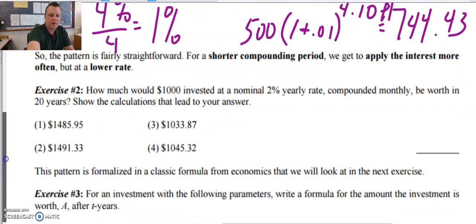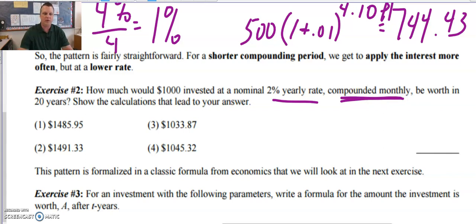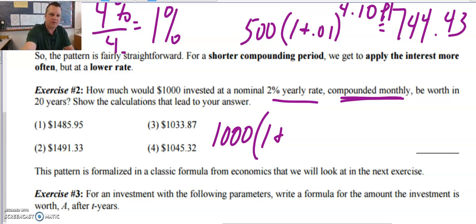You can see that formula yet? $1,000 investment in a nominal 2% yearly rate. Years. So we have our initial 1,000, and then we have 1 plus. Now, okay, so what we have to do here is we have to take the part C, which was the 4% over 4, we have 12, because that's how you find out how much it is compounded monthly.